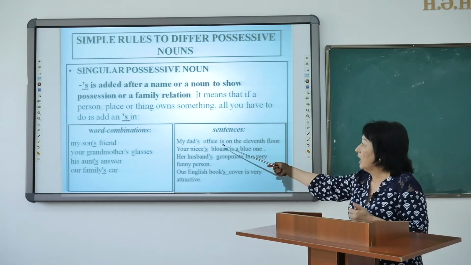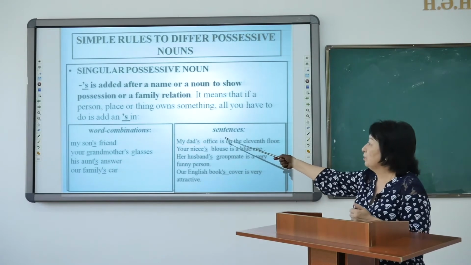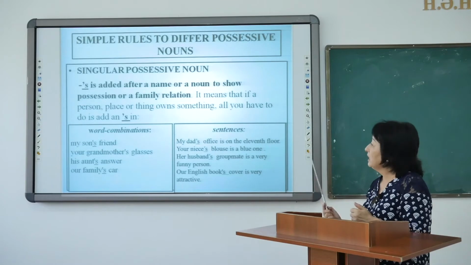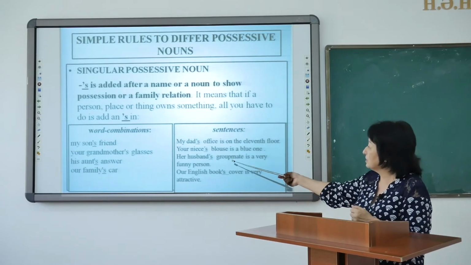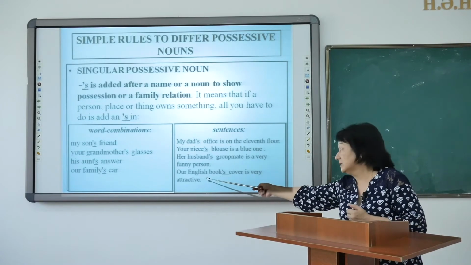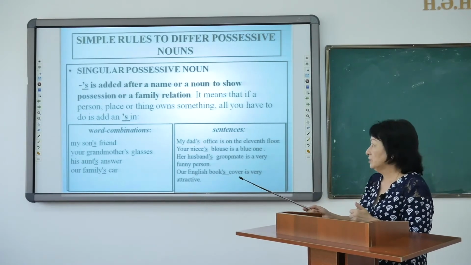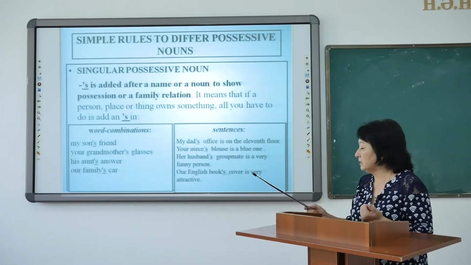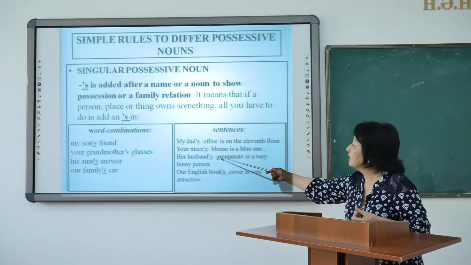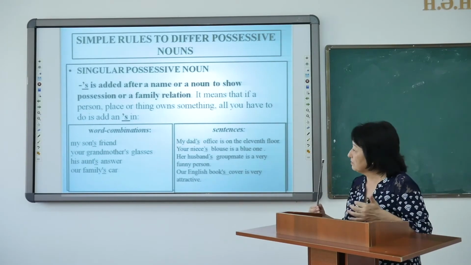The niece owns a blouse, that's why we put the apostrophe after a singular noun and then S. Next example: her husband's groupmate is a very funny person. And the last one: our English book's cover is very attractive. In these sentences we put apostrophe and then S after a singular noun, because we have a possession of something by somebody.